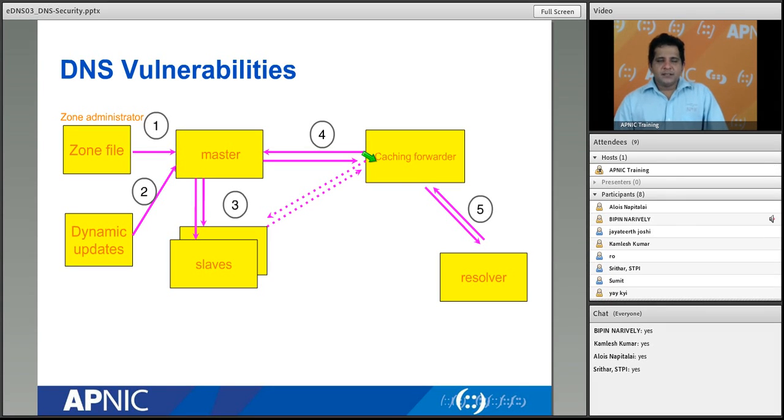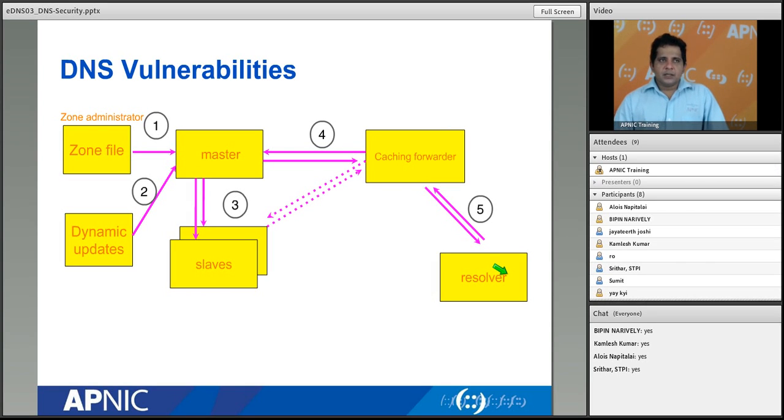These recursive servers, remember, talk to authoritative servers, either our primary servers or our secondary servers, and get the answers from them, and then return them to the clients or the resolvers. That's number 5. The clients come and ask the caching servers or the recursive servers to find the answers.